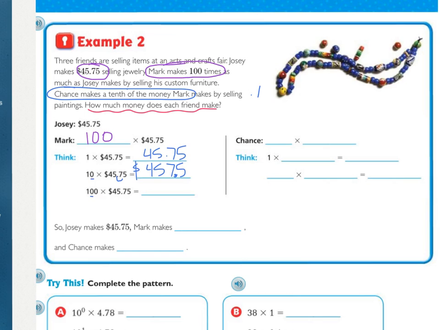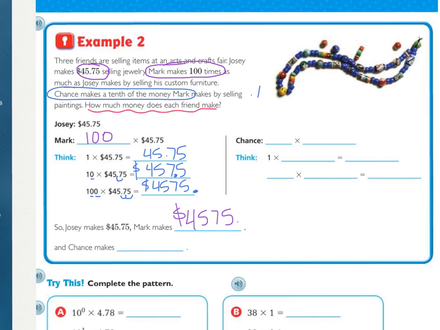Times 100, there's 2 zeros, so I'm moving my decimal twice. My digits stay the same, so 4575, and the decimal goes to the end. So how much did Mark make? Times 100, he made $4,575, because the decimal would be at the end.